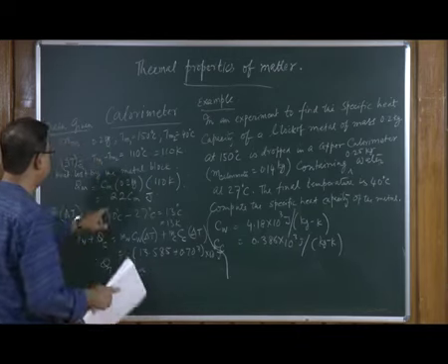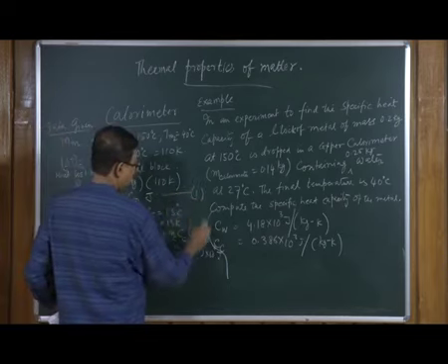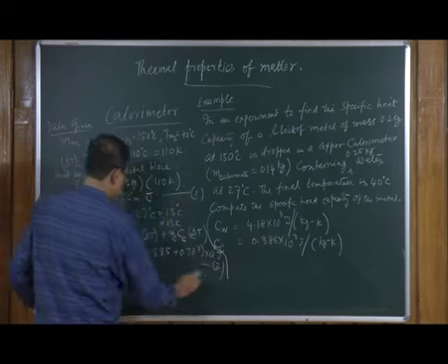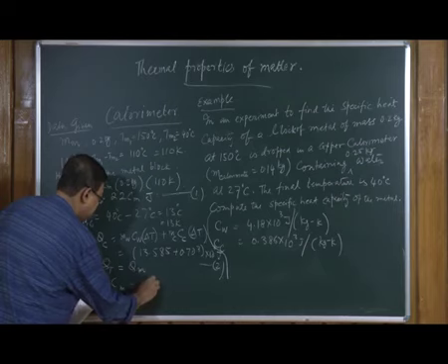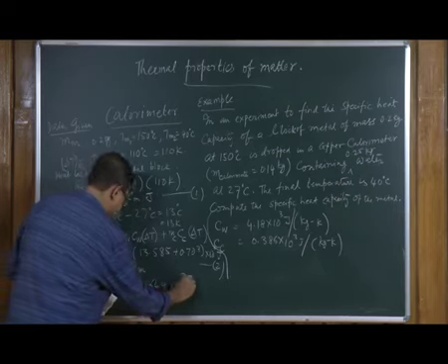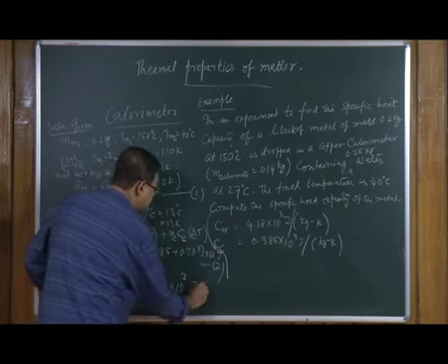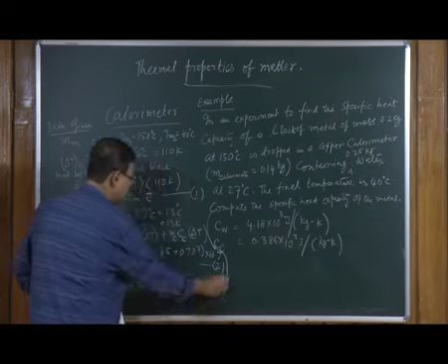If I equate equation 1 to equation 2, I will find Cm to be equal to 0.649 × 10^3 joule per kg per Kelvin.